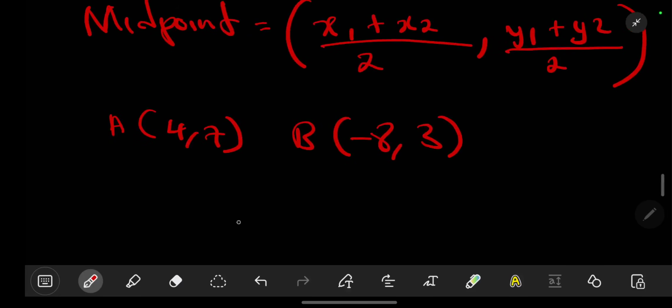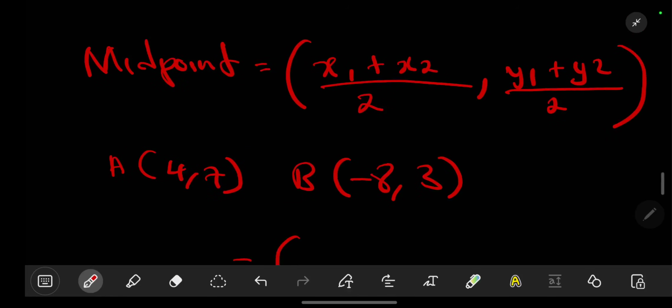To find the midpoint, this one is our x1, y1, and this is x2, y2.